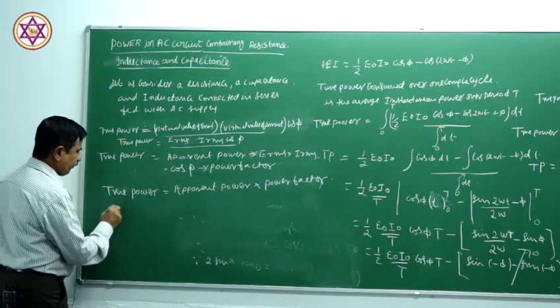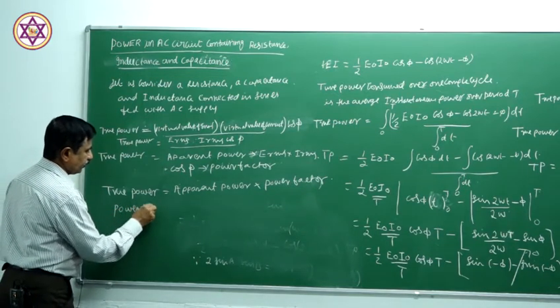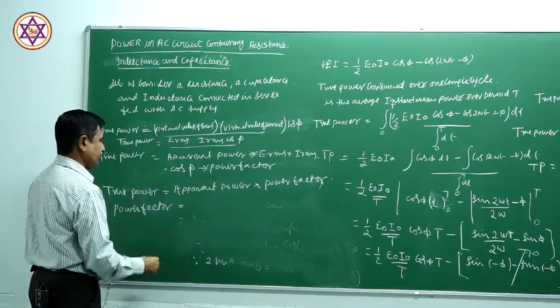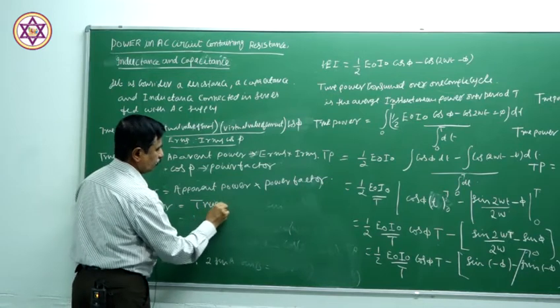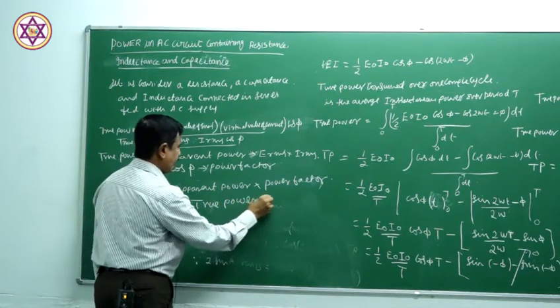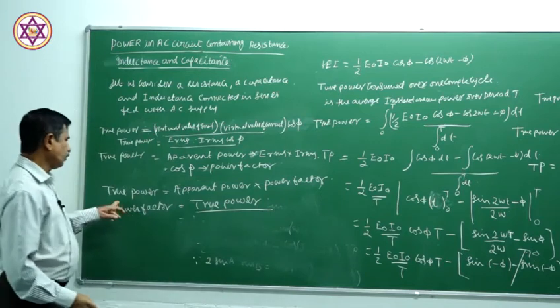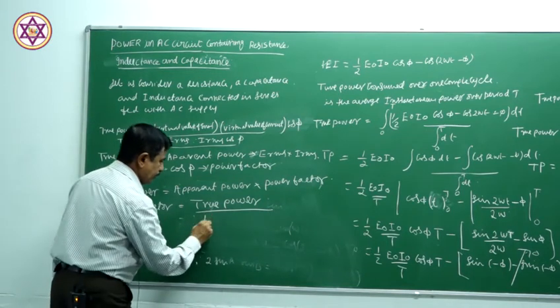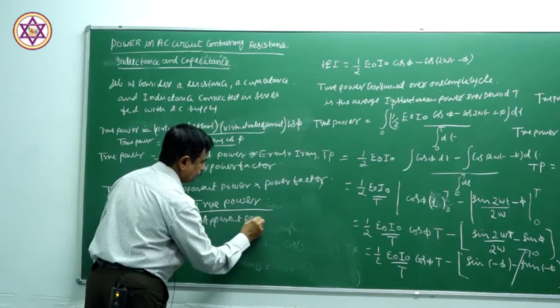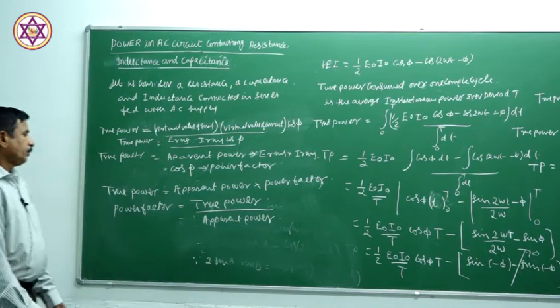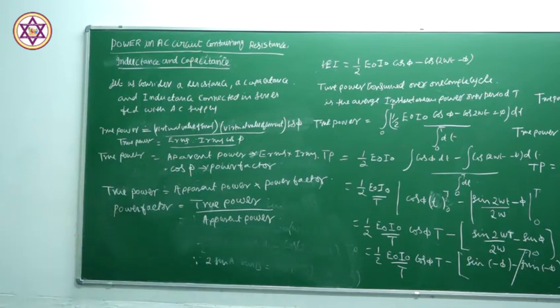Therefore, what is power factor? Power factor of an AC circuit is given by true power by apparent power. So the power factor is the ratio of true power to apparent power.